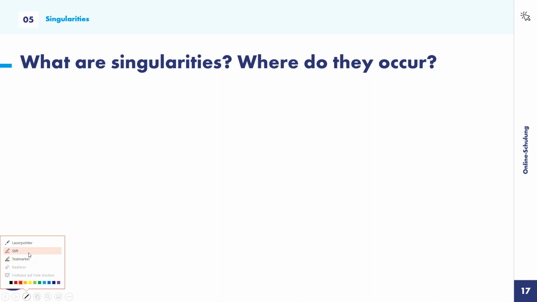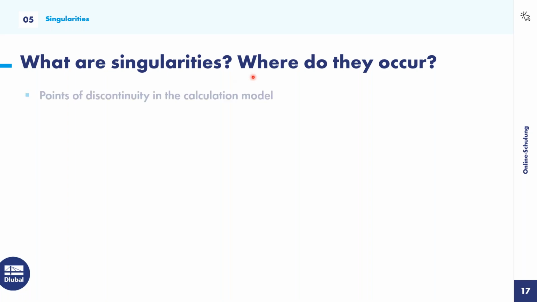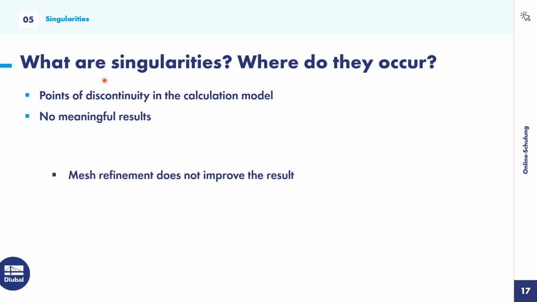Okay, so last topic, singularities. So what are singularities and where do they occur? First of all, singularities are locations or points of a kind of discontinuity in the calculation model. So a location where I can't do any plausible check with the result, a kind of meaningful result.